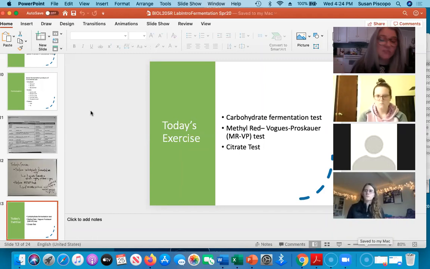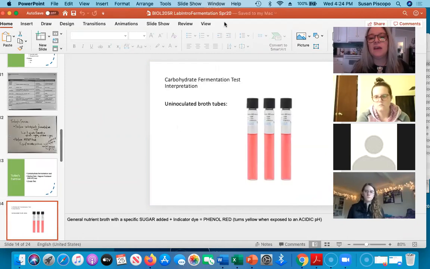And then the last one is called the citrate test. The citrate test lets us know whether or not our microbes can ferment a molecule called citrate, which is not a sugar, but is another product that gets made during cellular respiration. So let's take a look at these tests.